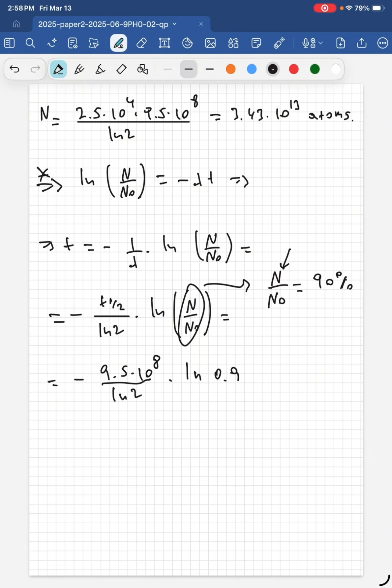This is the number of nuclei remaining, and this is what you started with. And the remaining number of nuclei is simply 0.9 N naught, right? Okay, so the ln is negative because it's smaller than 1. So the answer is 1.44 times 10 to the 8 seconds.